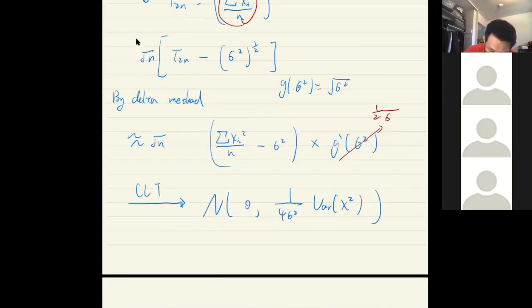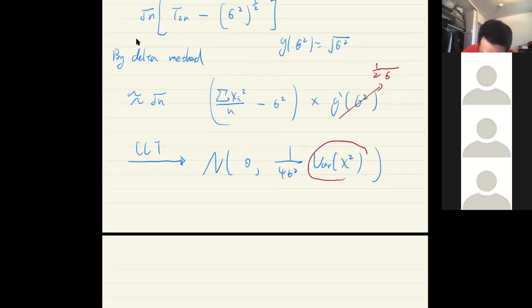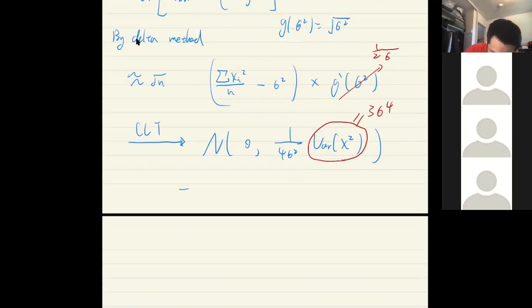And we know that the variance of S squared is equal to 3 sigma to the power 4, because this is a normal distribution, so this is equal to 0 and 1, 2.